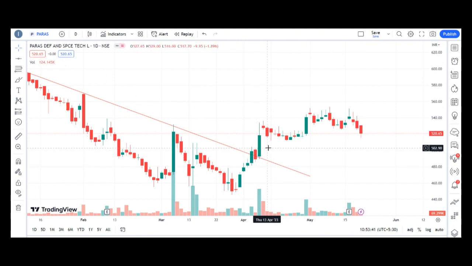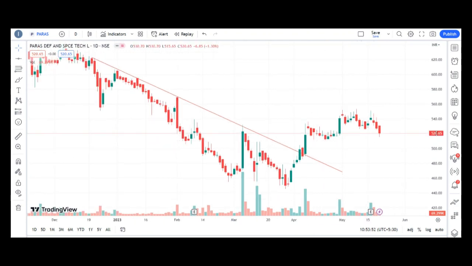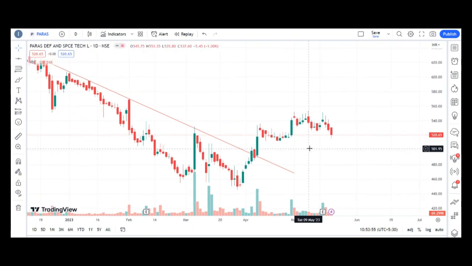Okay, this is an inside candle and we got a buy around here at 503. Currently price is at 520. It made a high of 550. So I haven't booked my profits. Remember, this is not a recommendation or anything.